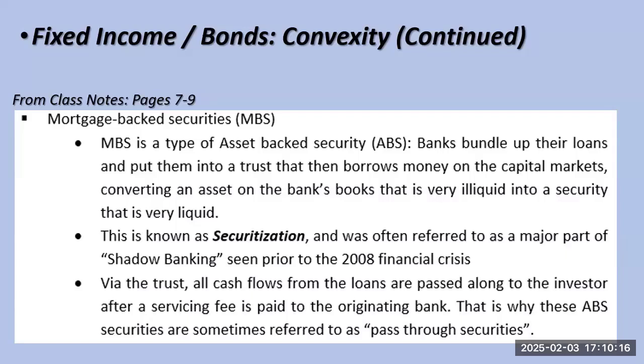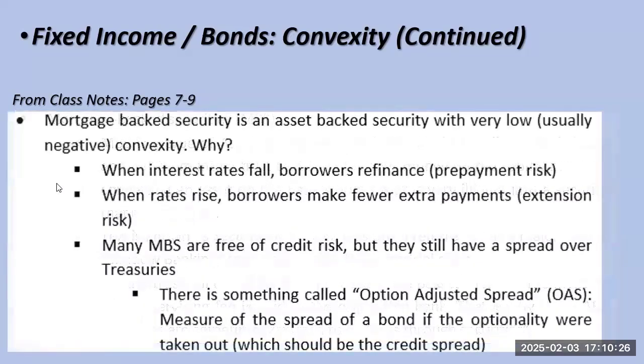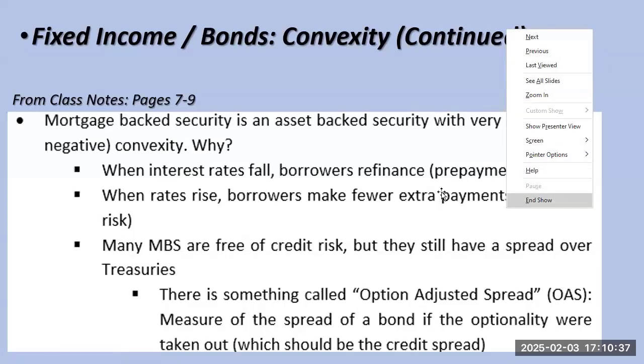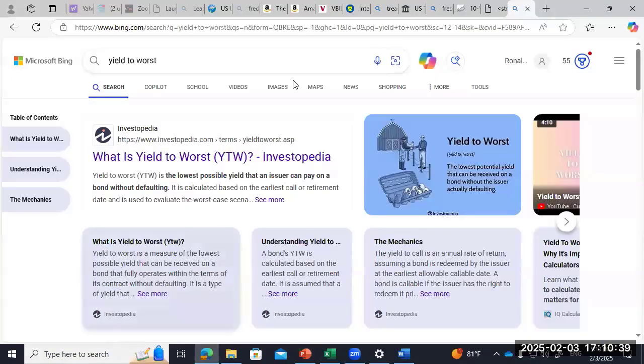Most people pay off credit card loans just because they want to get their debt down. So mortgage-backed securities are really the important ones here. They are a part of the asset-backed securities, and there's several of them. Mortgage-backed securities have negative convexity. And why is that?